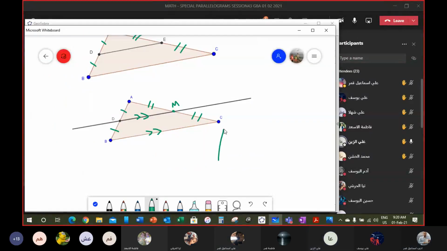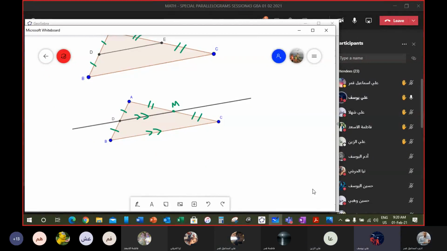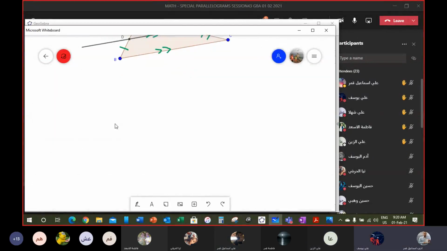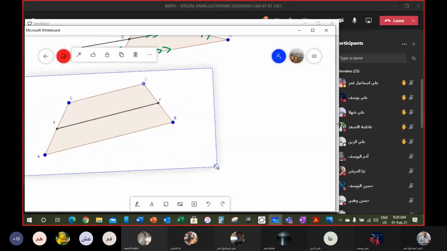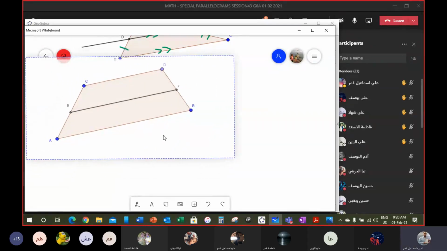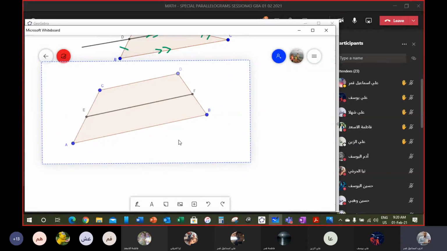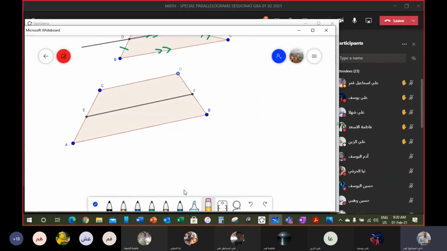Very good. I will put it here on the board. Teacher, is EF the median, the mid-segment in a trapezoid? Yes, we can also call it the median. E is the midpoint of AC and F is the midpoint of BD, and we have EF.